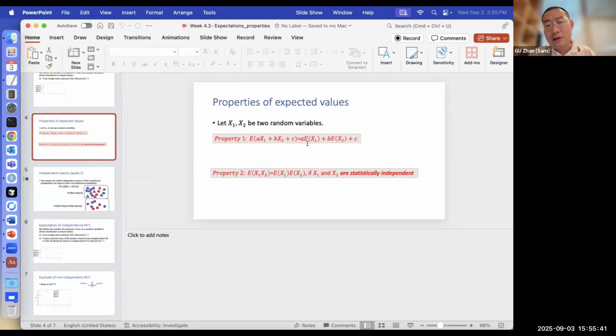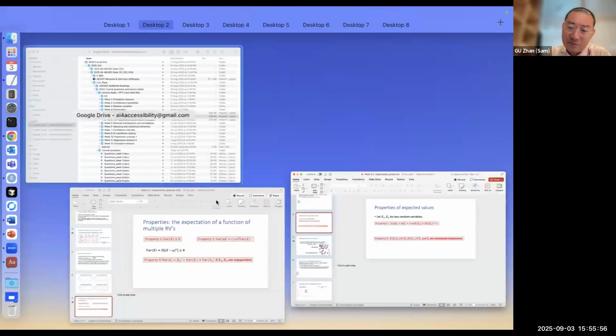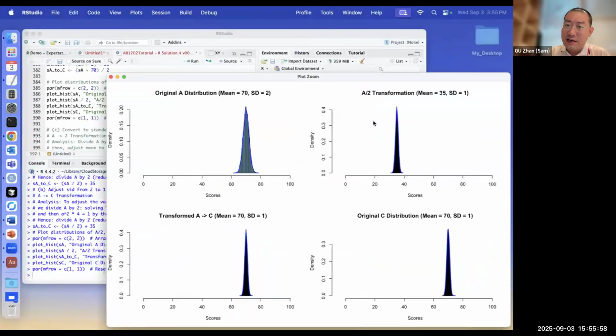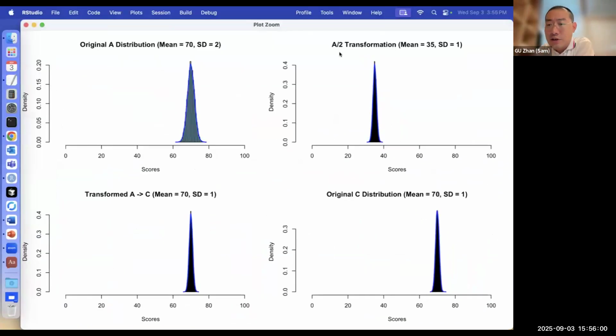Now after you apply alpha equal to 0.5, the mean score of class A, basically dividing everyone by half, is quite intuitive. Everyone's score will be halved. So average 70 becomes 35. So this is the effect of A divided by 2. You will see the distribution now moves to the mean value of 35 with standard deviation of 1.